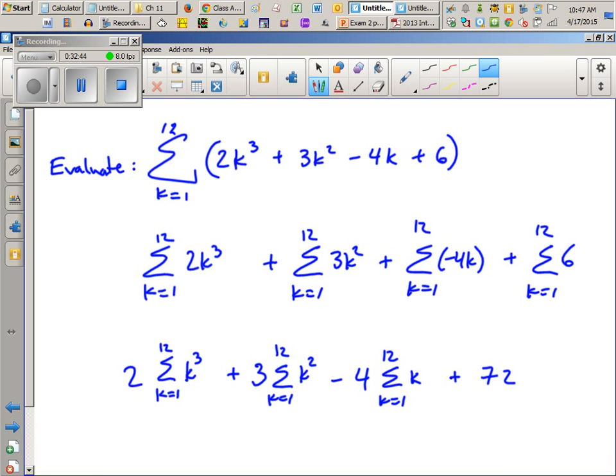Why is it 72? Because you're going to be plugging in 1, 2, 3, 4, 5, 6, 7, 8, 9, 10, 11, 12 into this expression 6. Well, there's nowhere to put the k, so you're just going to get 6, 6, 6, 6, 12 of them. So the last one is trivial. It's just 12 sixes added up.